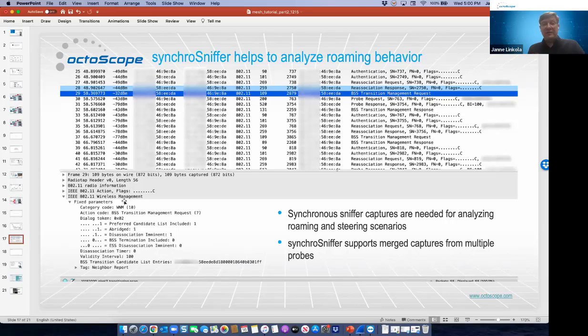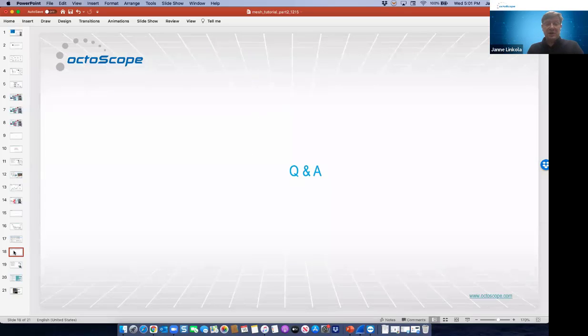You might know that our synchro sniffing technology allows multiple probes in multiple different locations and multiple different bands and channels to capture simultaneous traces, and we're able to combine those traces into a single trace file for further troubleshooting. But anyway, perhaps that's really the end of my material. Let's see if there are more questions.